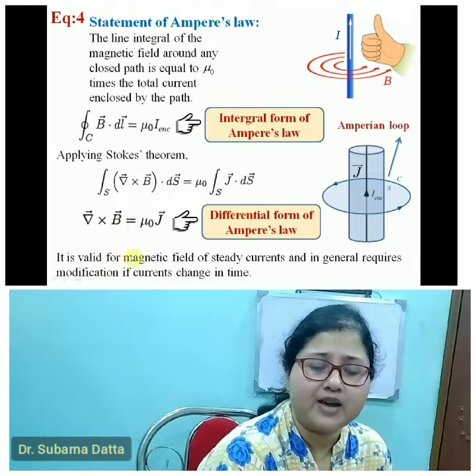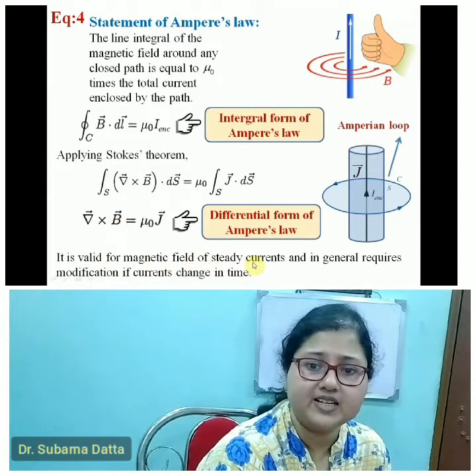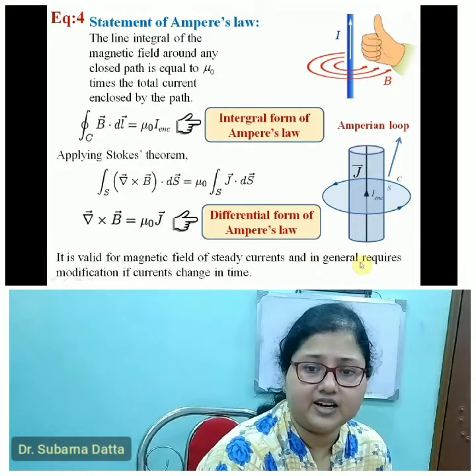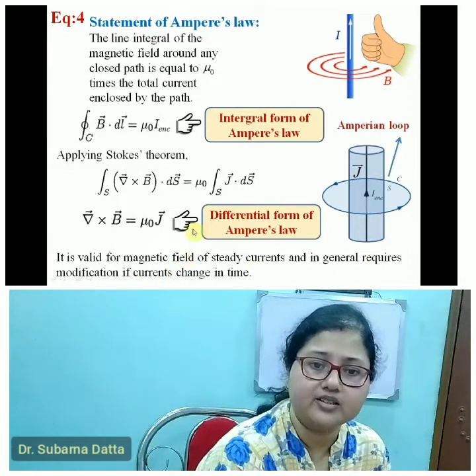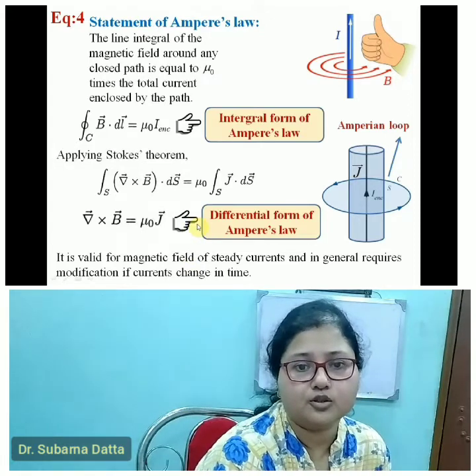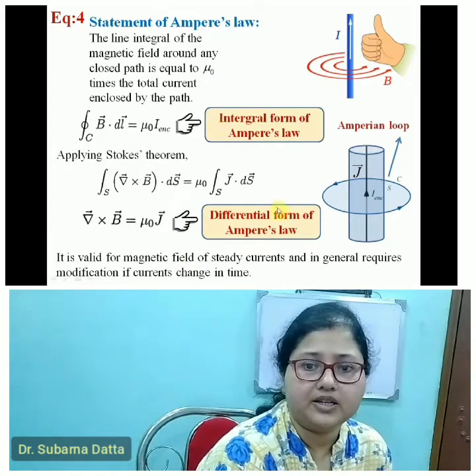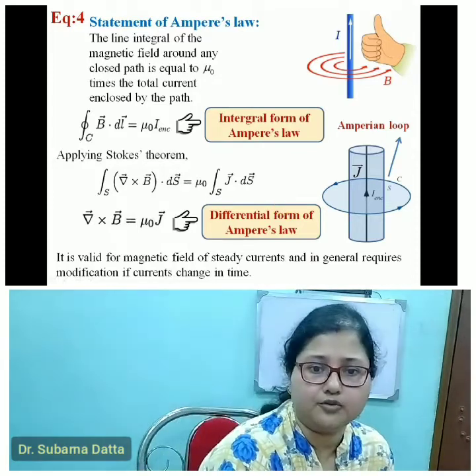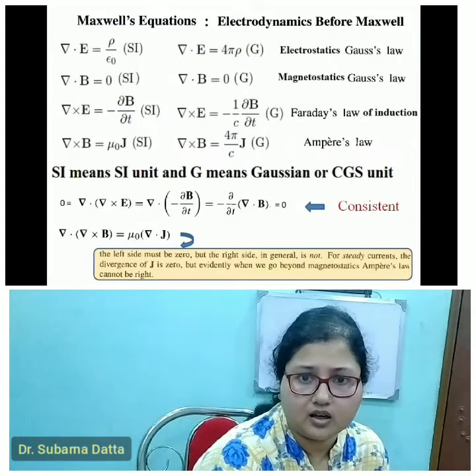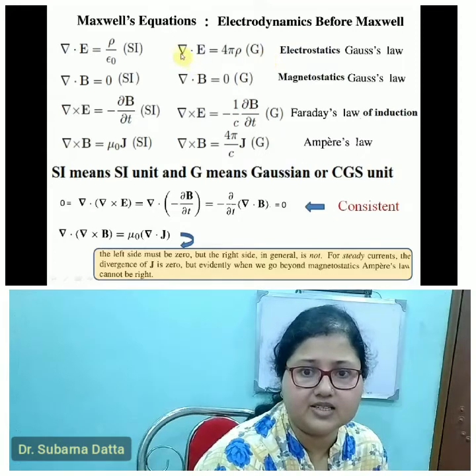However, it is valid for the magnetic field of steady currents, and in general it requires modification if the current changes with respect to time. So here Maxwell modifies the fourth law. Before Maxwell, these were the four equations.